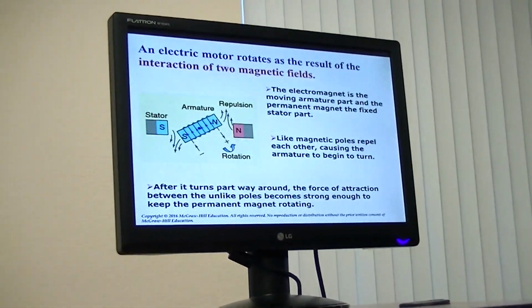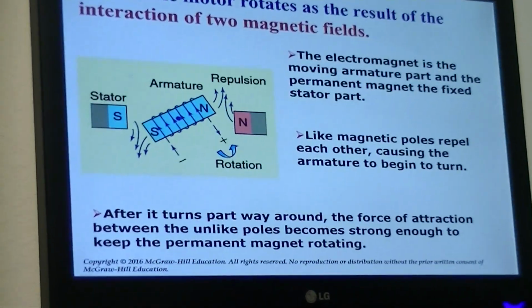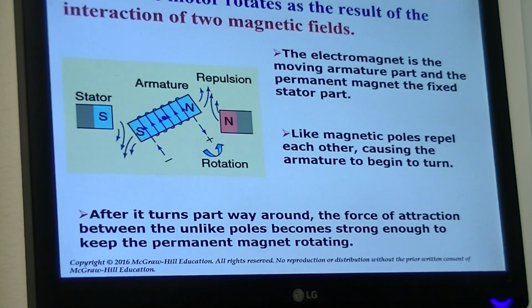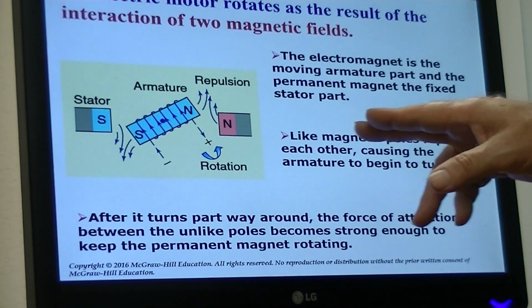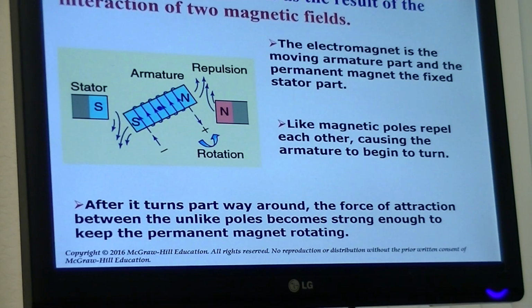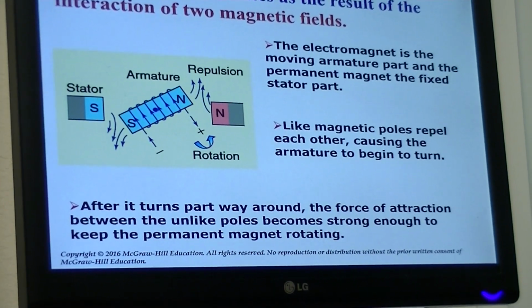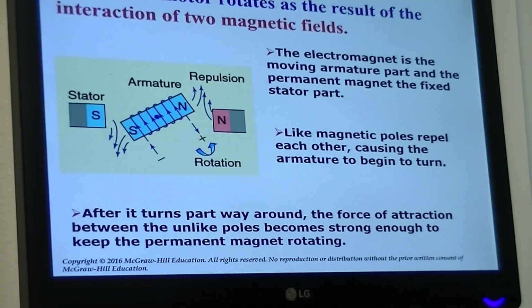All right, so the electromagnet is the moving armature part, and the permanent magnet is the fixed stator part. Again, that can change. Like electromagnetic poles repel each other, causing the armature to begin to turn.